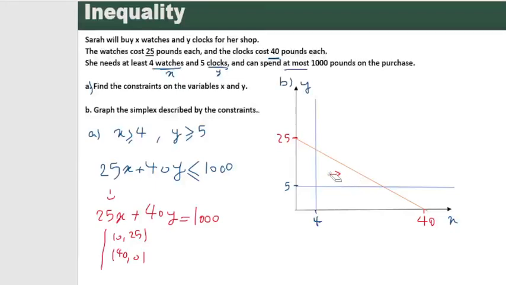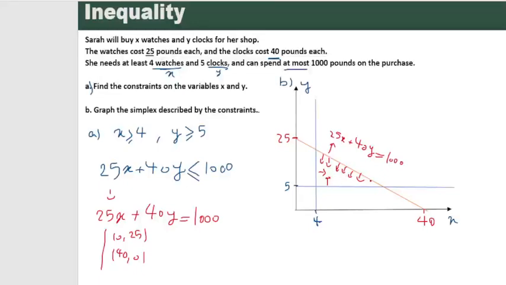As I said, only this region is acceptable: y larger than 5, x larger than 4, and the money she spends should be less than 1000, which is the line 25x plus 40y equals 1000.